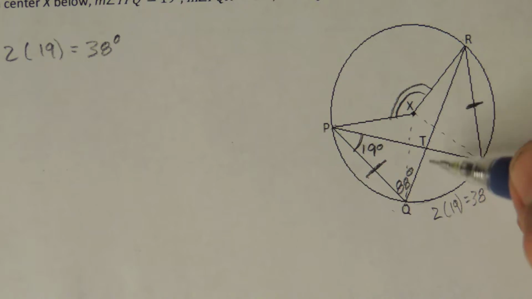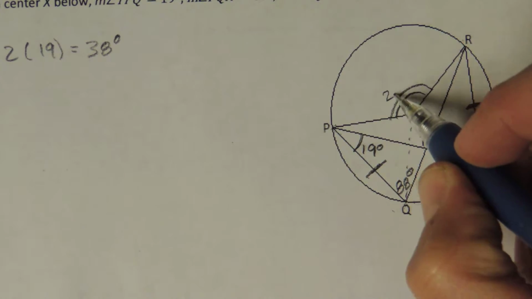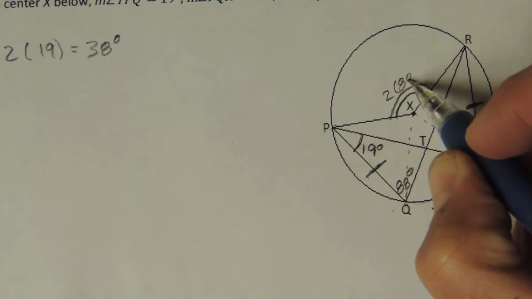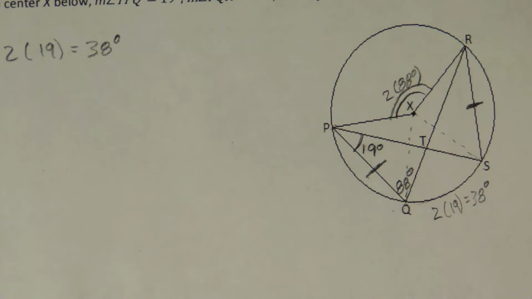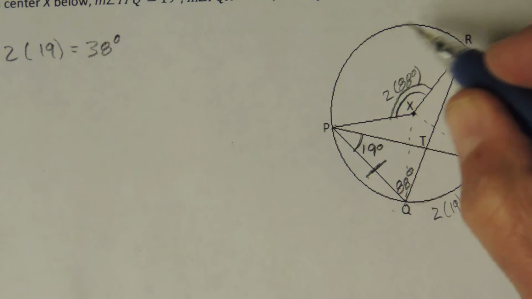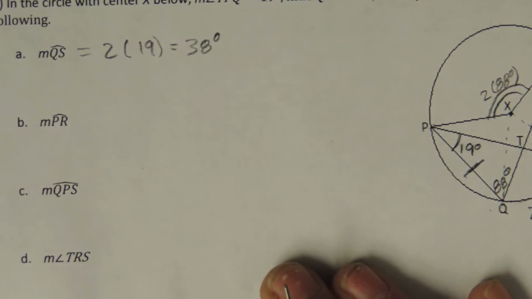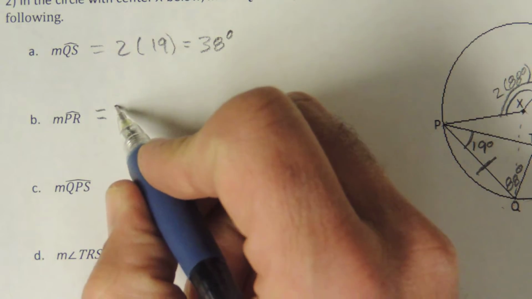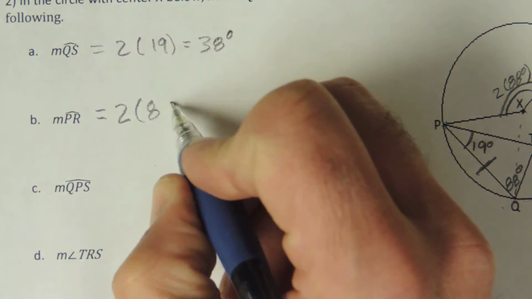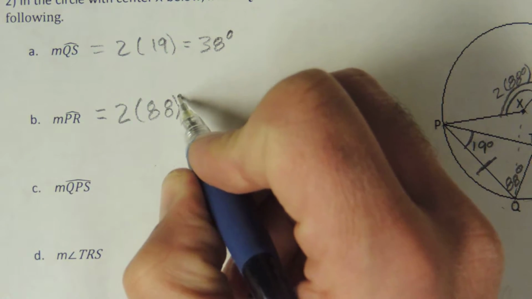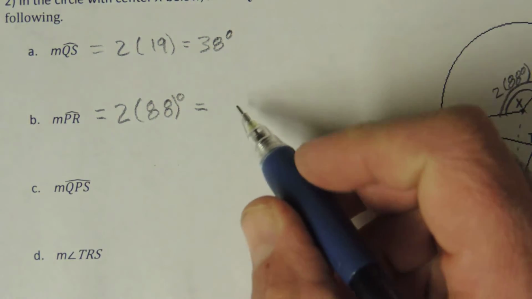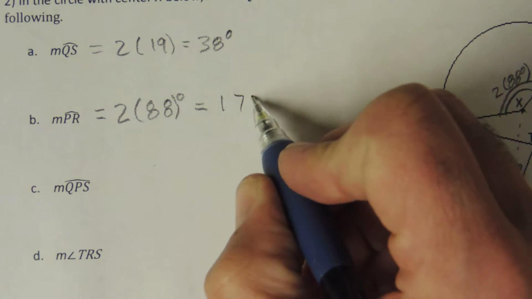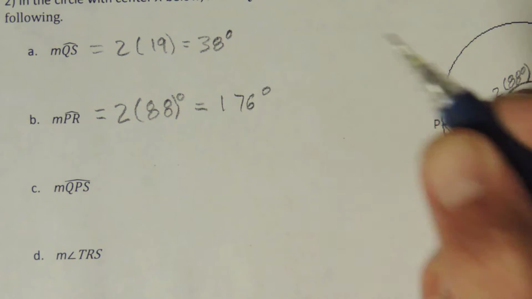PXR would be my central angle. This is 2 times 88, and that central angle is also my arc. So arc PR equals 2 times 88 degrees, which equals 176 degrees.